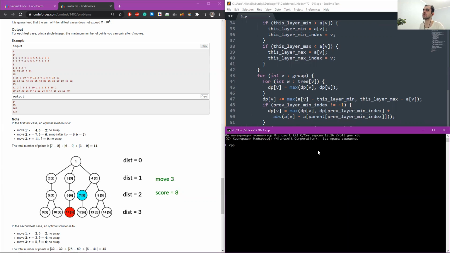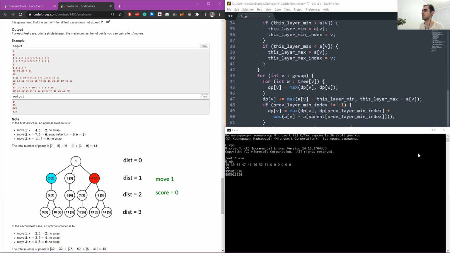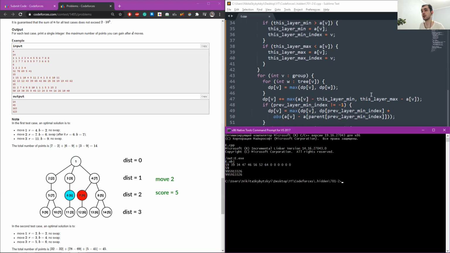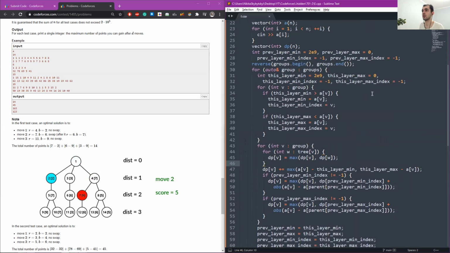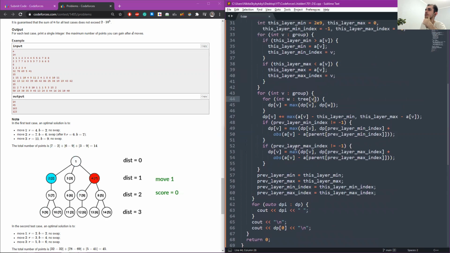But then it broke, so it's clearly wrong. But what exactly is wrong? Okay. And it does not happen if there is nothing here. Like, actually, this does not matter.